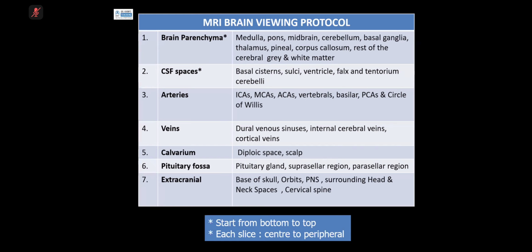It was only visible in the last 2 or 3 sections. So one idea is that you must have a robust viewing protocol, and pituitary fossa is something, but also extracranial, base of skull, orbit, paranasal sinuses, head and neck spaces, cervical spine, or whatever sequence you are given in the exam. It's a favorite for the examiners to show you axial, because on a coronal or a sagittal, a lot of anatomy is visible. On axial, it is slightly more difficult. So that was one thing.